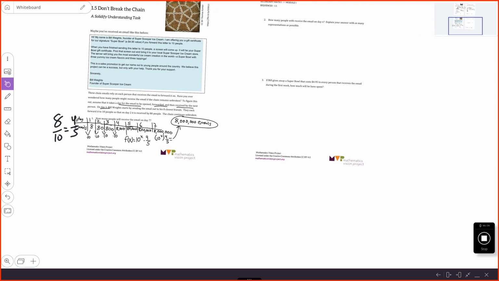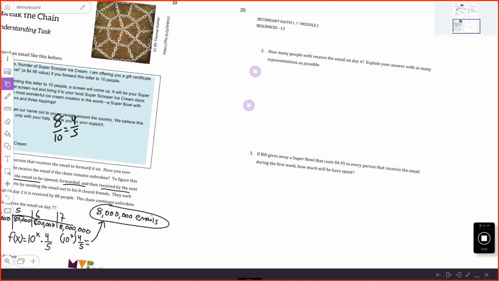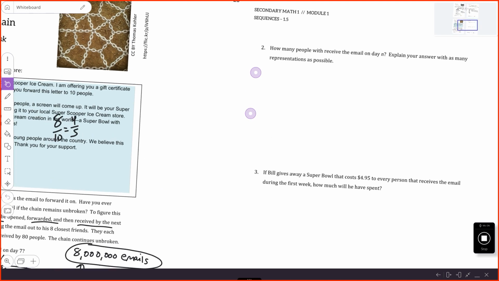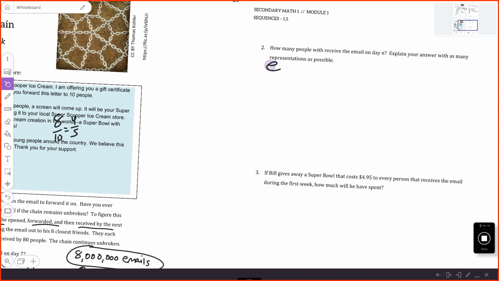So part 2, they want to receive email on n days. I want explicit and recursive. We just found the explicit: 10 to the power n days times 4/5.